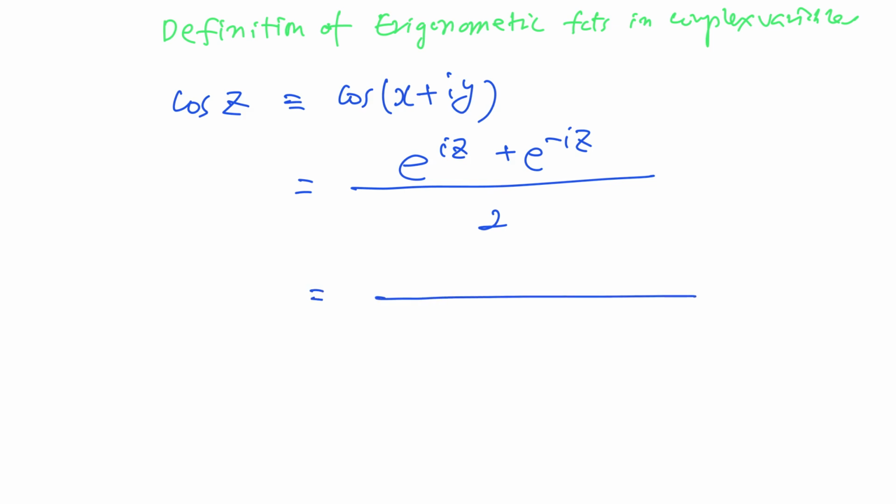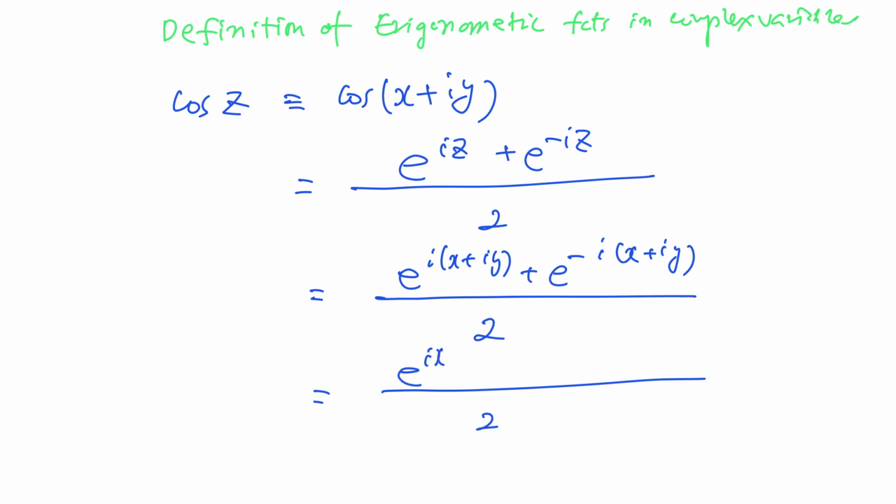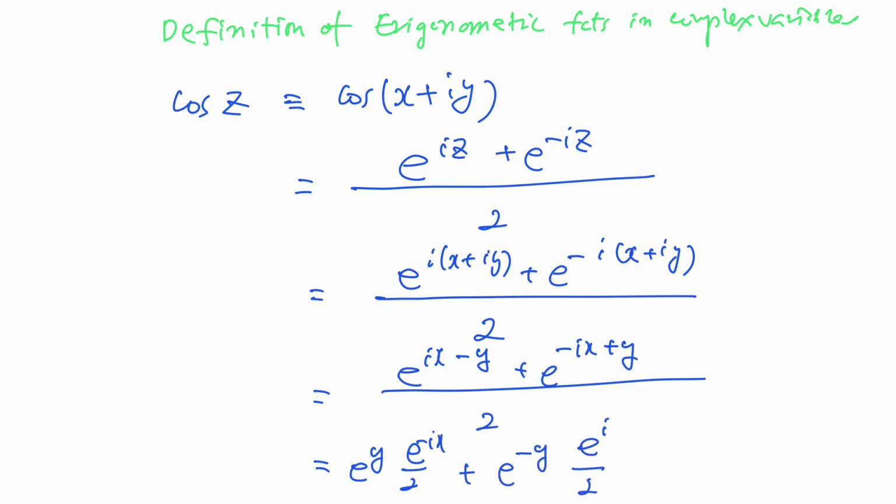So this is exponential i times x plus iy, plus exponential minus i times x plus iy, over 2, which is exponential minus y times exponential ix, plus exponential y times exponential minus ix, over 2.